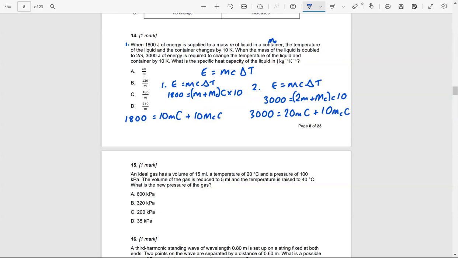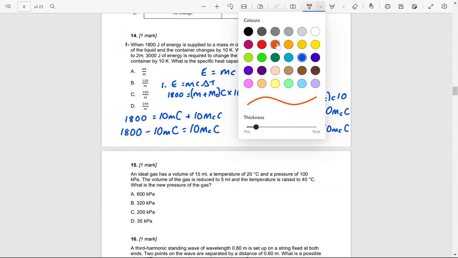Right. So we know that (1800 minus 10 mass of the container) times C equals 10 mass of the liquid, mass of the container C, and we know that (3,000 minus 20 mass of the liquid) times C equals 10 mass of the container C. So we could put these equal to each other.